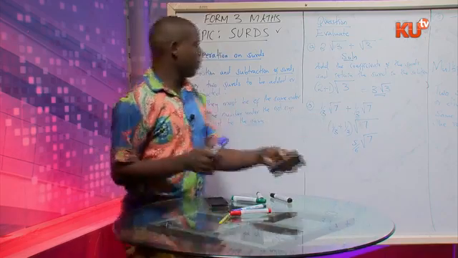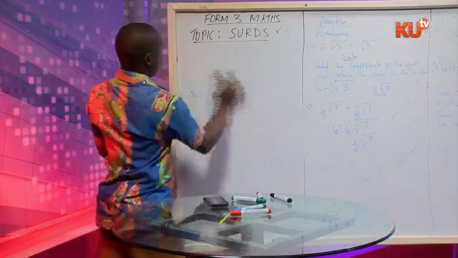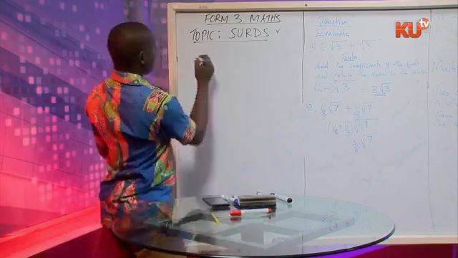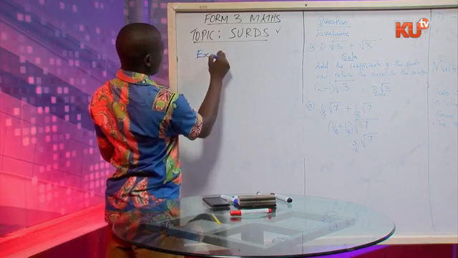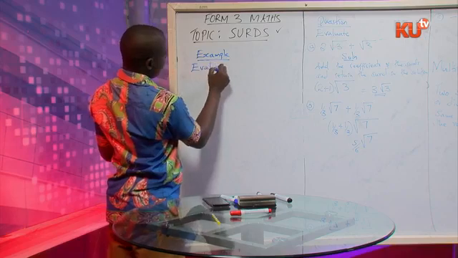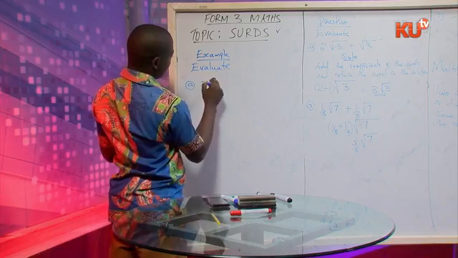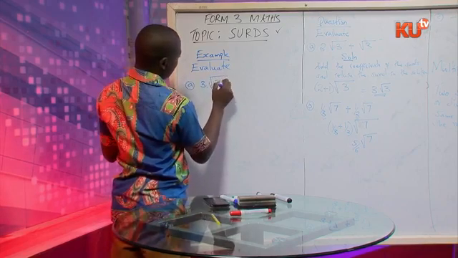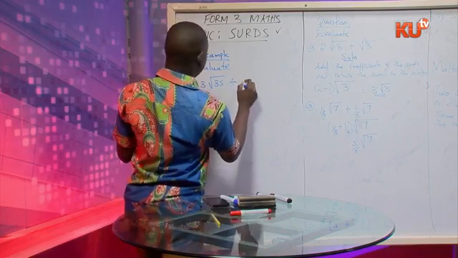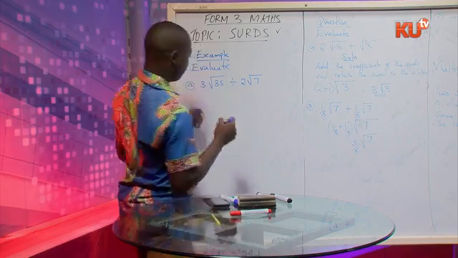So to illustrate this, let's use this example. You are told to evaluate 3 root 35 divided by 2 root 7.